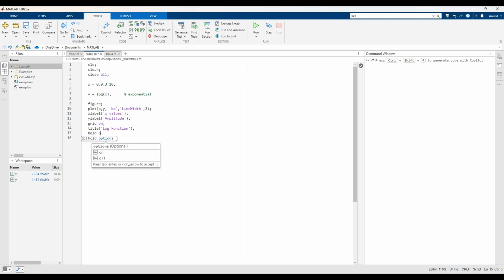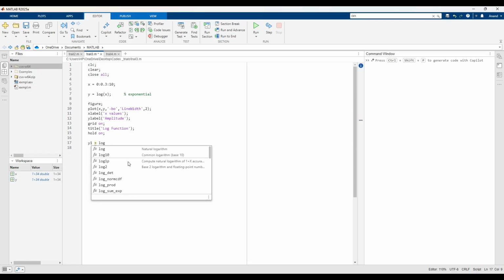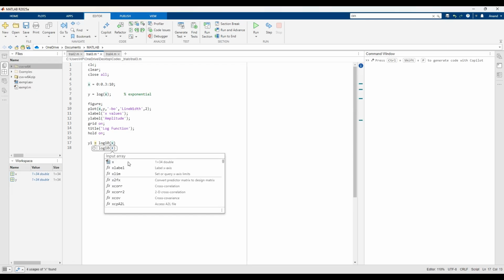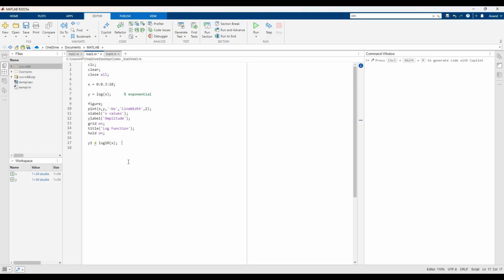Okay, so let's go for the log that is called the base 10, and we will plot in the single graph, and we will show how these two graphs look. You just write base 10.